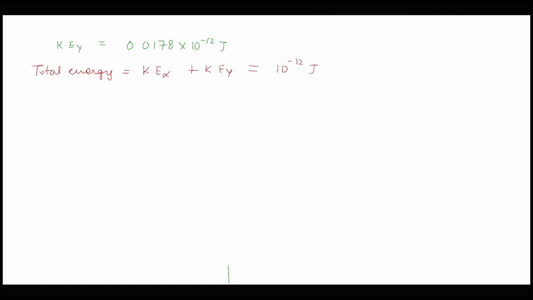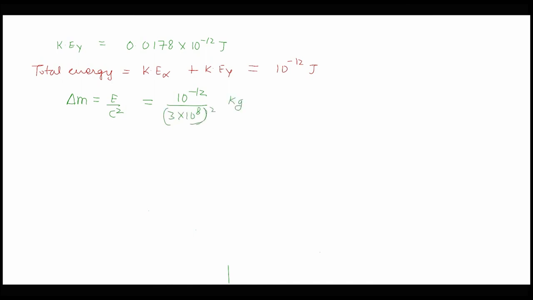So now we are calculating the equivalent mass. If we go for the calculation of equivalent mass, I can write that delta M is equal to E by C square. So the equivalent mass can be calculated as 10^-12 upon (3 × 10^8) whole square, and the value will be obtained in kg.